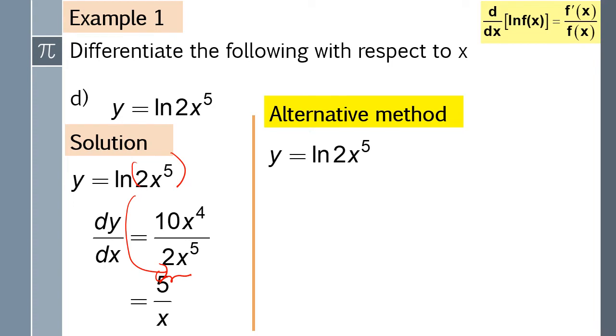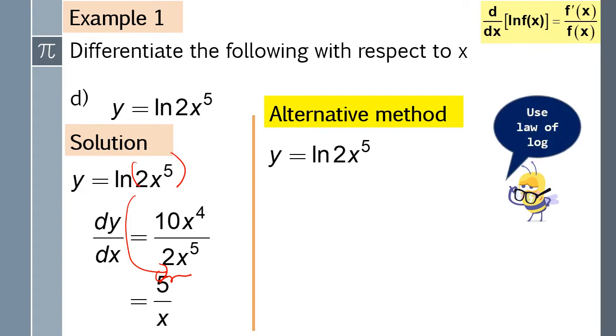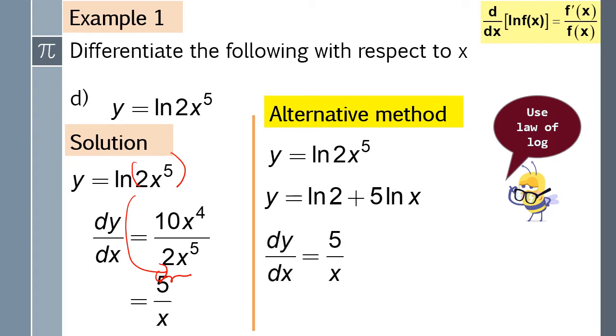We can use the law of log. We split ln of 2x to the power of 5 into ln 2 plus 5 ln x. Then we differentiate one by one. Ln 2 differentiates to 0, because ln 2 is a constant. Then we differentiate 5 ln x, we get 5 over x.